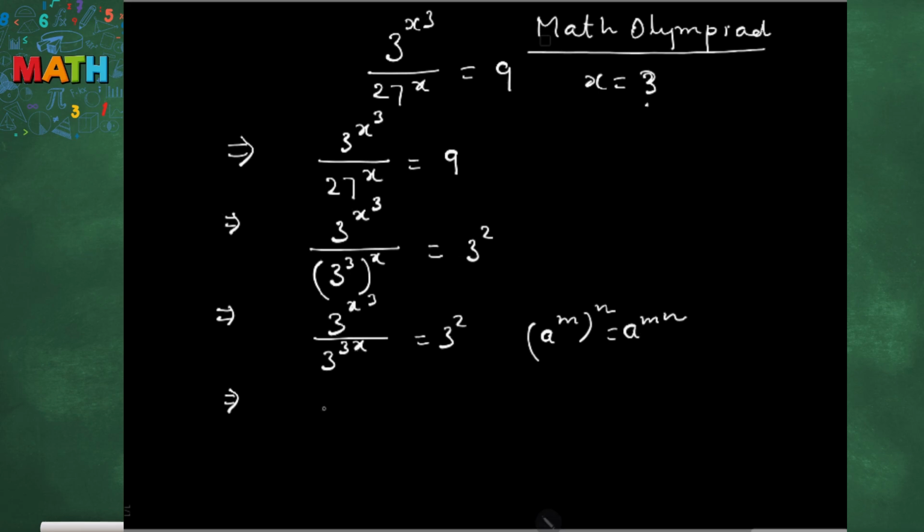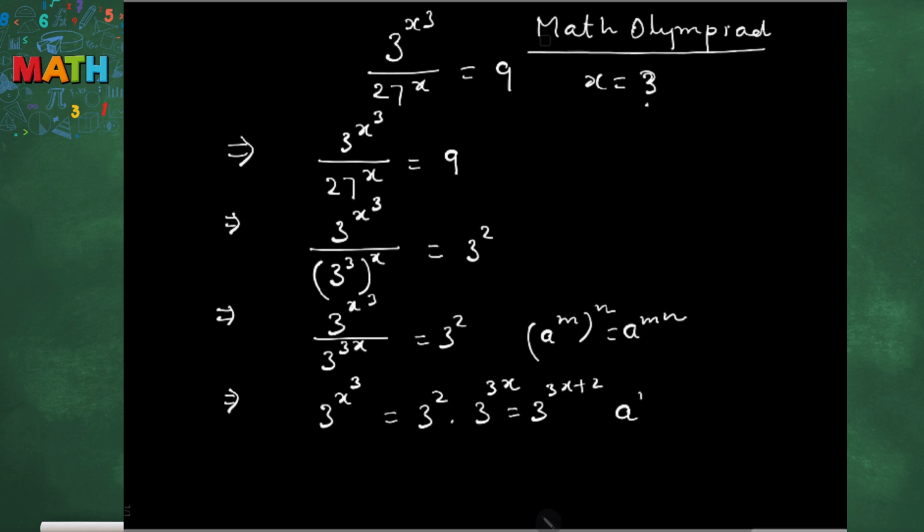Now this will become 3x to the power x cube is equal to 3 to the power 2 into 3 to the power 3x. This can be rewritten as 3 to the power 3x plus 2.